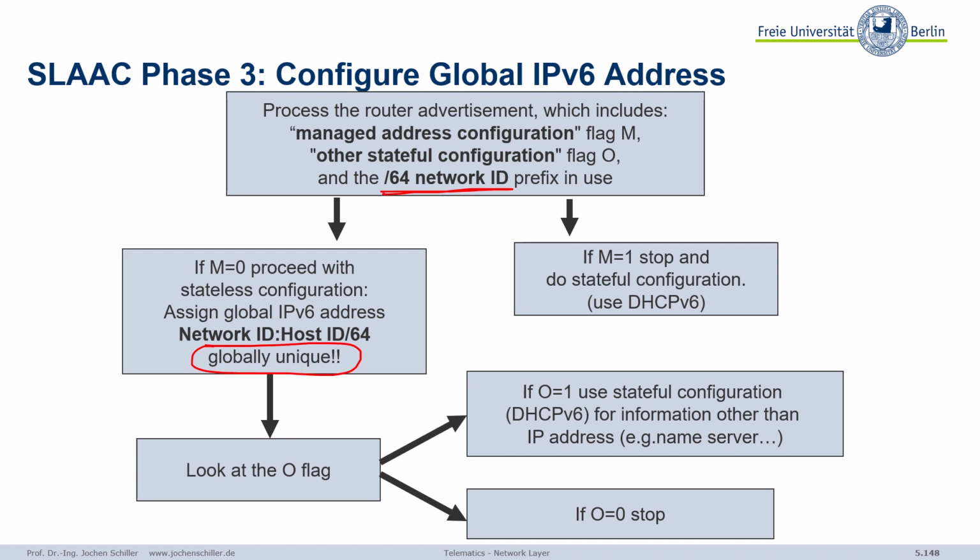This is why it's called stateless, because DHCP is stateful. We don't need DHCP, but we can integrate it. Then DHCP does all this address configuration, or DHCP provides only information for the name server, etc.